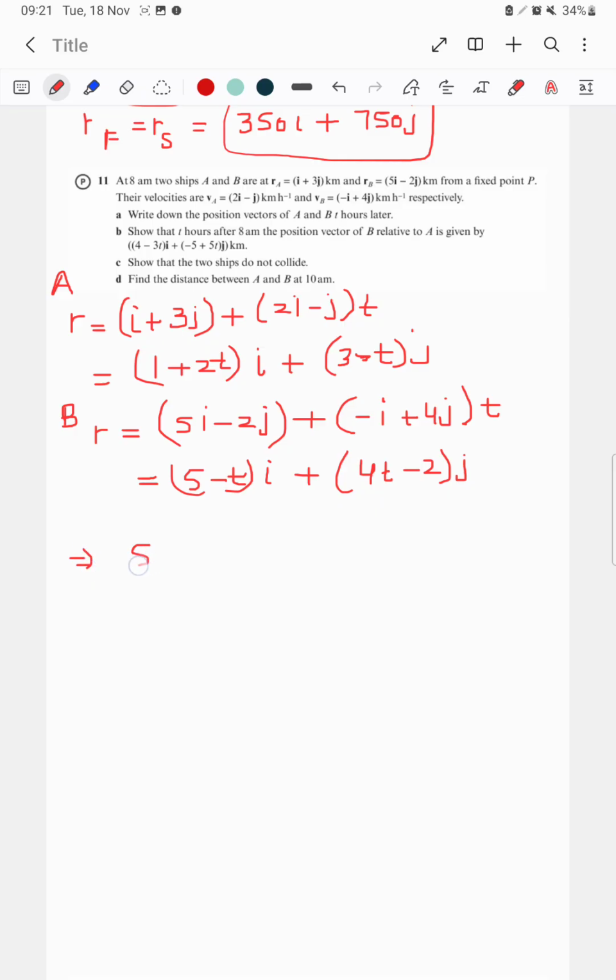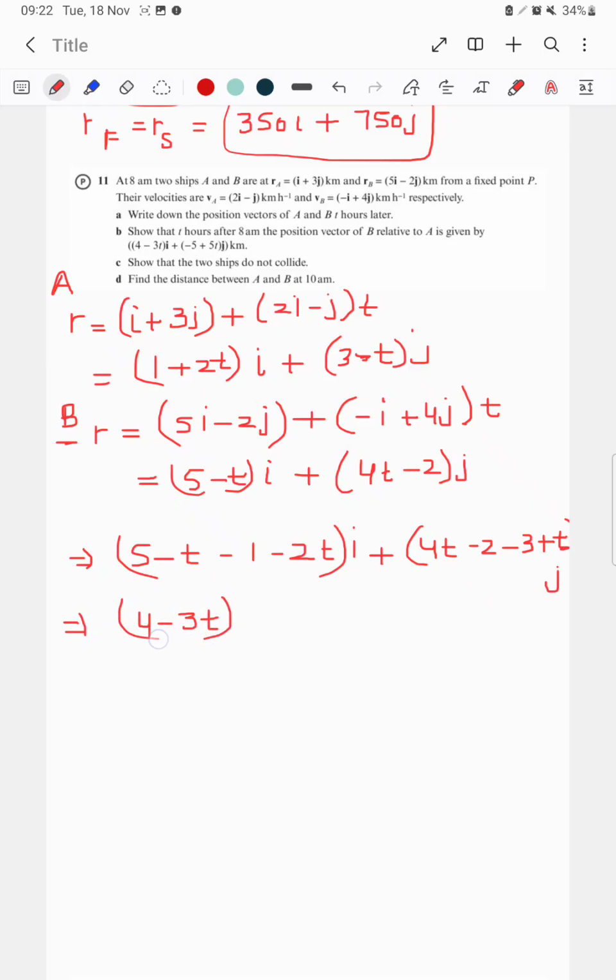So it is going to be (5 minus t minus 1 minus 2t)i plus (4t minus 2 minus 3 plus t)j. Here we have to tell the position of B relative to A, so it is RAB, that is B minus A. So it is going to be (4 minus 3t)i plus (4t plus t, that is 5t, minus 5)j. So this is the second part.